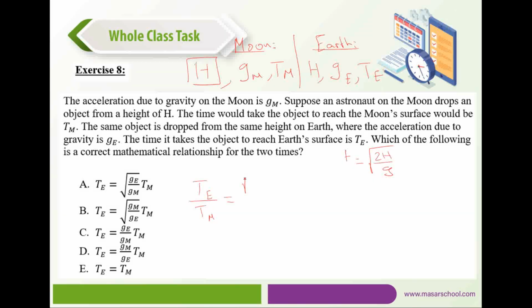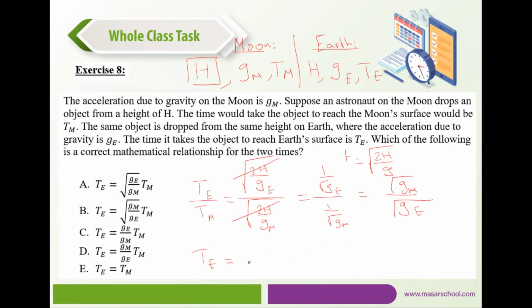That would be radical 2h over ge over radical 2h over gm. So here h is the same, so this cancels, and we're left with 1 over radical ge over 1 over radical gm, and this can be written as radical gm over ge. So te would be expressed as, let me say, radical gm over ge multiplied by tm, and in this case the correct answer would be B.